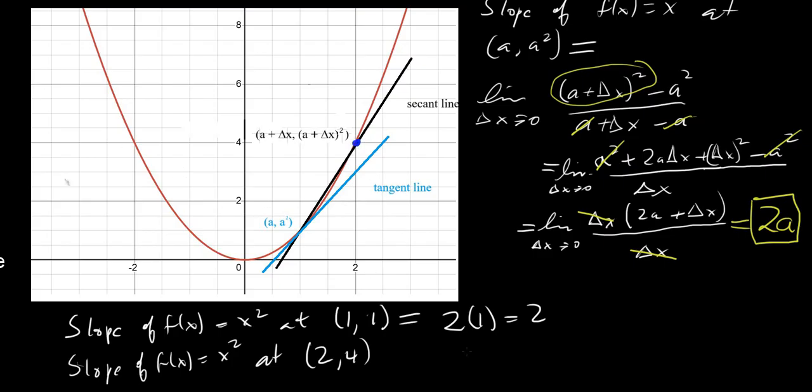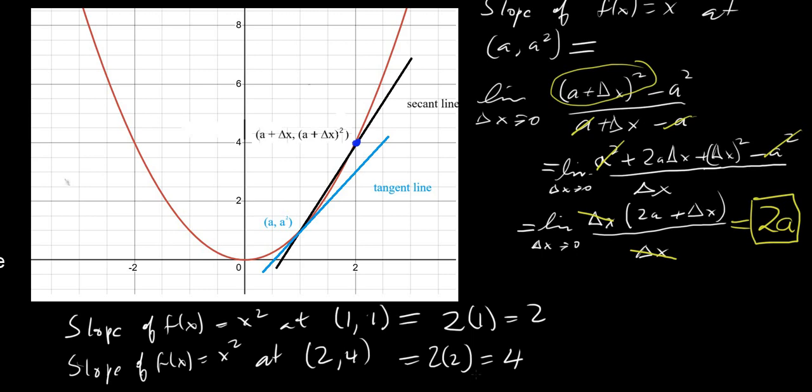I just marked it as a blue dot. That's higher up. You can see that the graph is a little bit steeper there. So I'm expecting that slope to be higher. But it's 2a regardless. In this case, a is 2, so I get 2 times 2, which is 4. So sure enough, I'm getting a higher number for that slope.